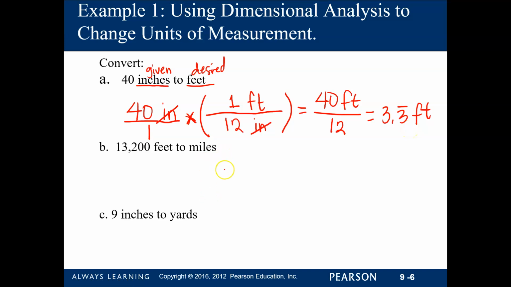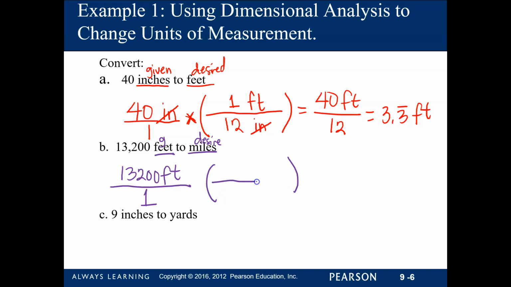So let's have another example here. We have 13,200 feet. This is the given, and this is our desired. So we are given 13,200 feet. Always remember that it is over 1. That's the given. We will multiply by a unit fraction. We are given feet, so feet will be in the denominator.